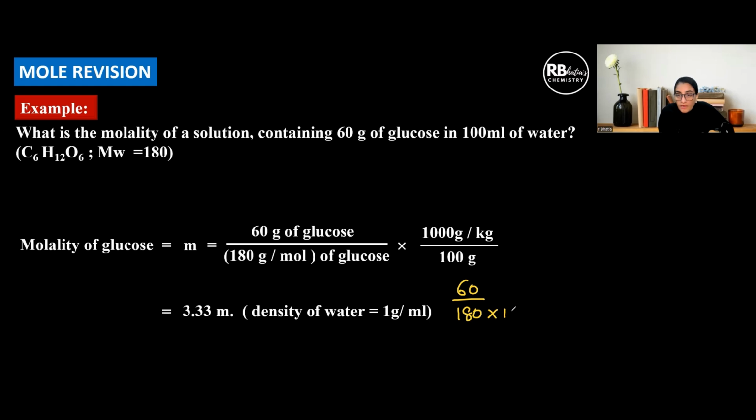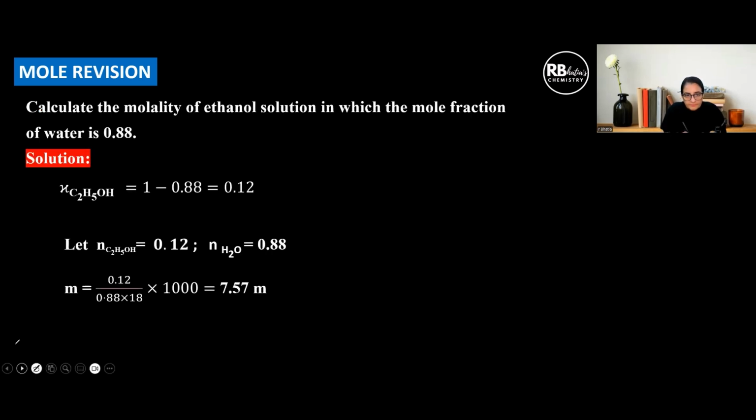Here we are given 100 ml of water, and since the density of water is 1, 100 ml also means 100 gram. Since we are substituting weight of solvent in gram, we have to multiply it with 1000. So solving this, we'll be getting 3.3 molal.